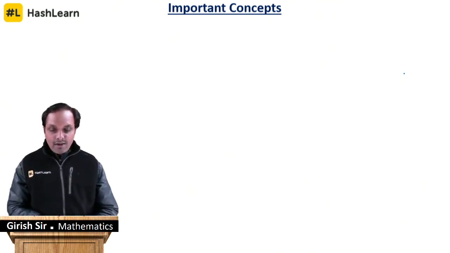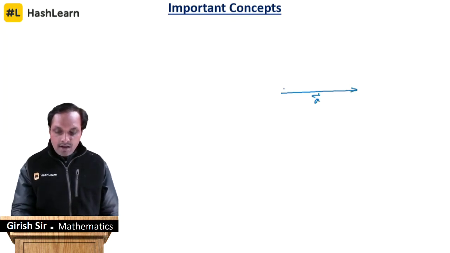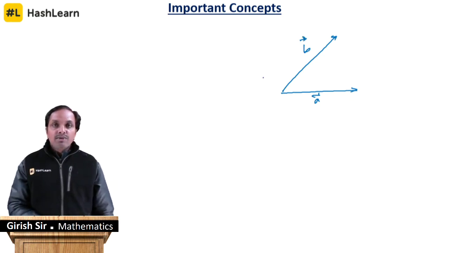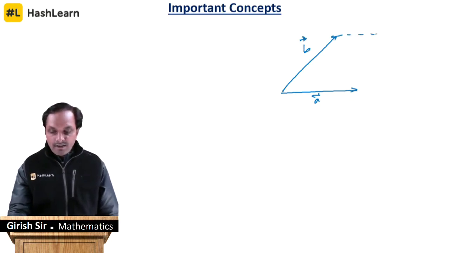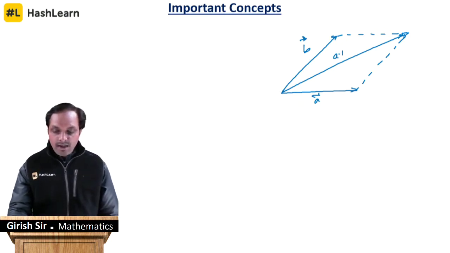Fine. So we define certain laws of vectors. What exactly is that law? Suppose you have one vector a like this, and one vector b like this. If you want to find the resultant, we call this the parallelogram law of addition. So this will be a plus b.